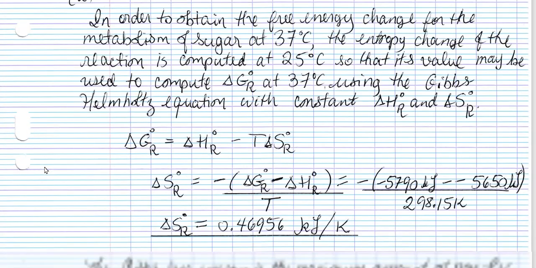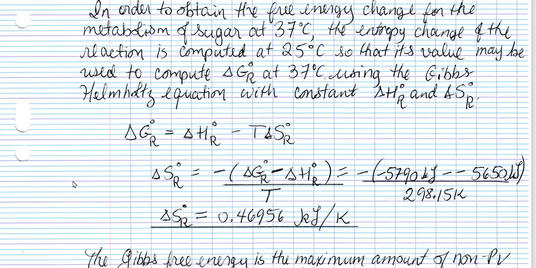The first thing that is going to be done is use of the Gibbs-Helmholtz equation at 25 degrees Celsius. Why? Because delta G of the reaction at 25 degrees Celsius was given, and the delta H of the reaction at 25 degrees Celsius was given.